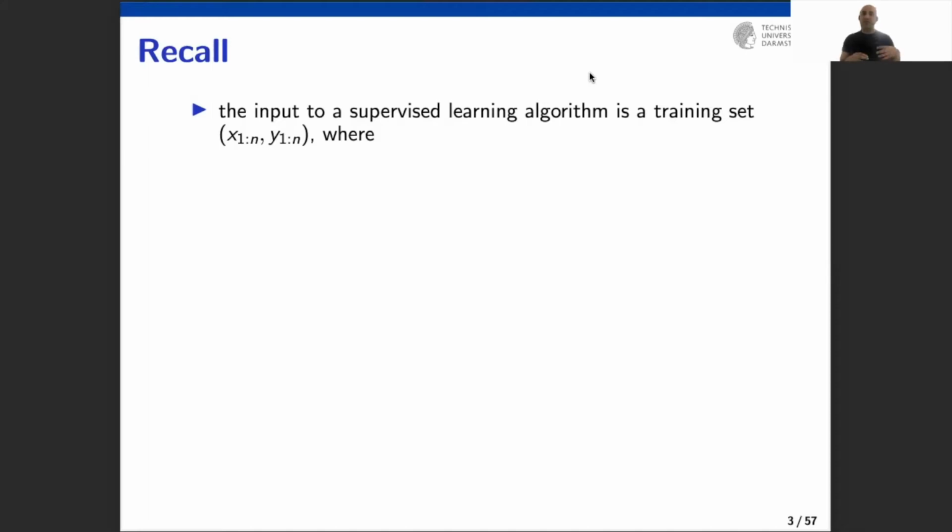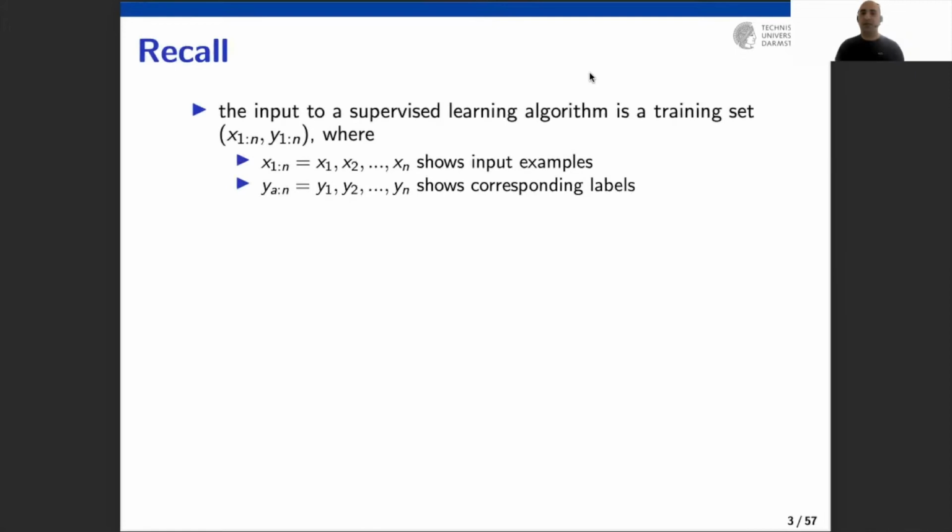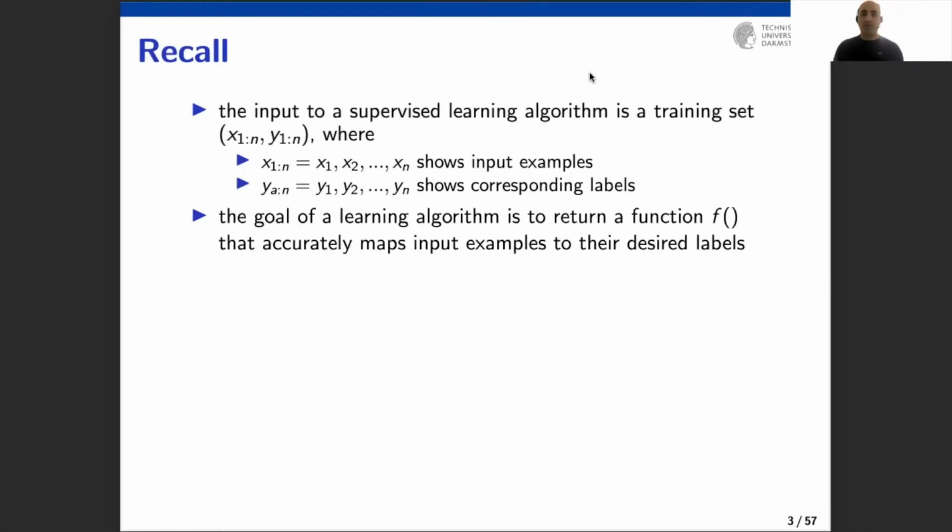As always, let's start with some recall from the previous lectures. The input to a supervised learning algorithm is a training set, which we refer to as X and Y, where X shows input examples and Y shows corresponding labels. The goal of a learning algorithm is to return a function named f that accurately maps input examples to their desired labels.